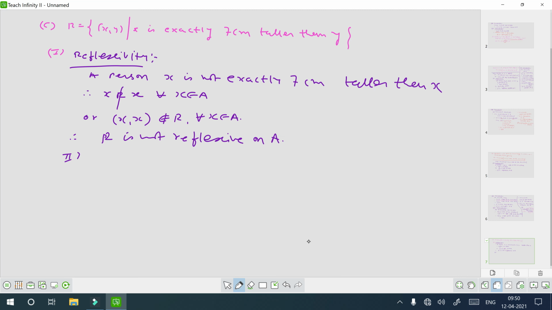Second thing, what we have to check? Symmetricity.